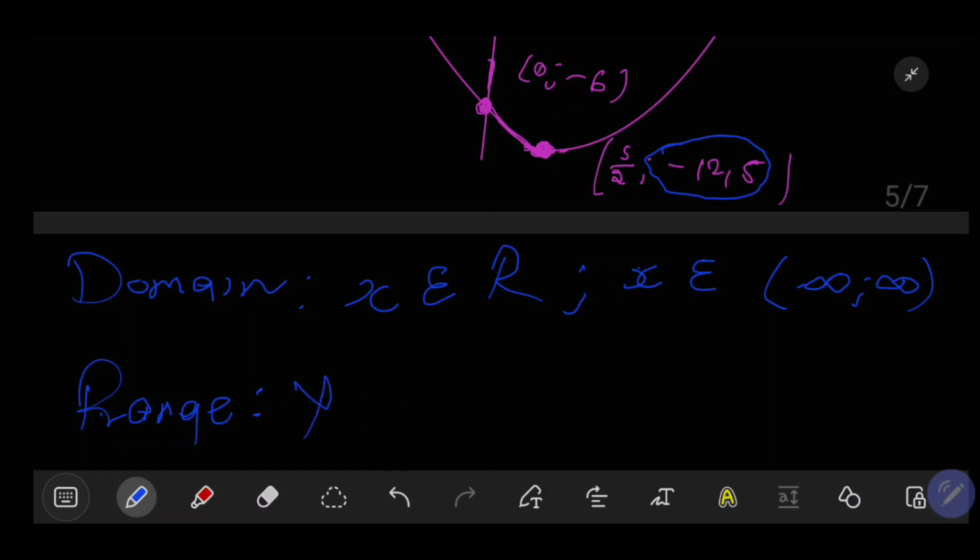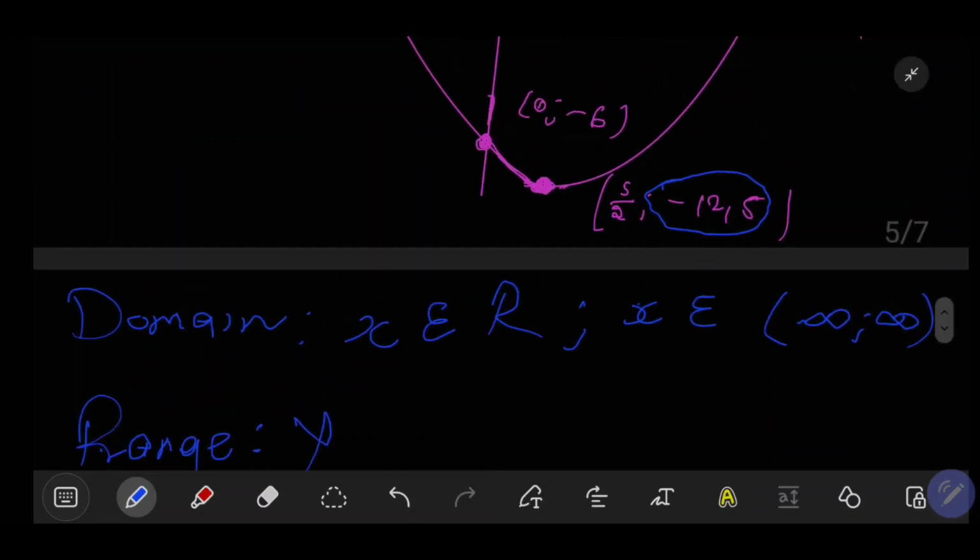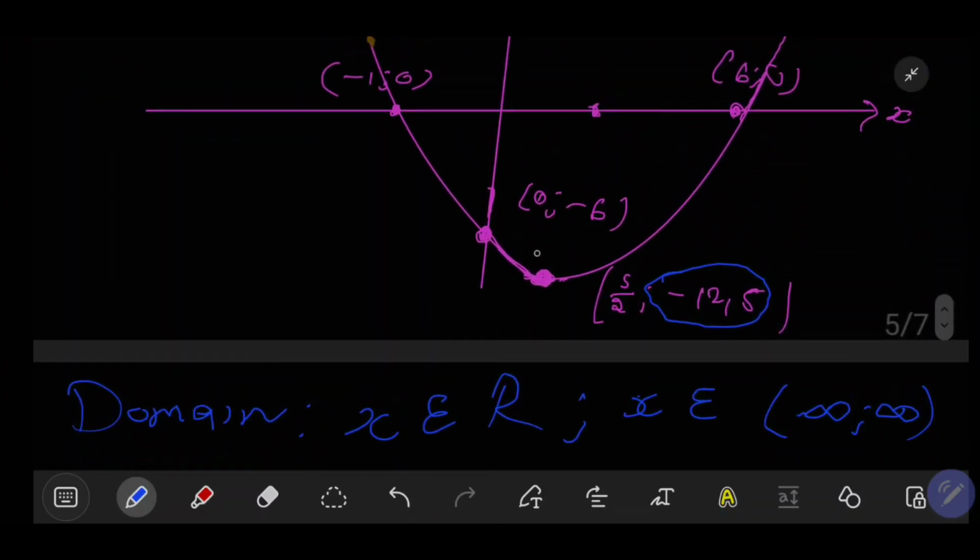Okay, so we can write the range of this graph in this way. If you check this graph, the y turning point of this graph is the minimum point where the graph exists. So from here going upwards, the graph exists. So any value less than -12,5, the graph does not exist.